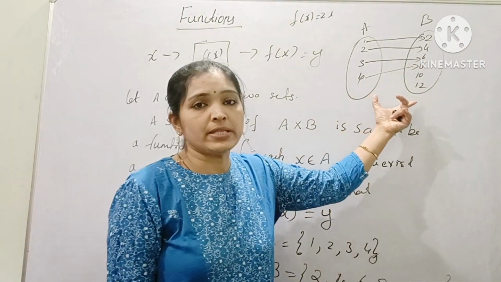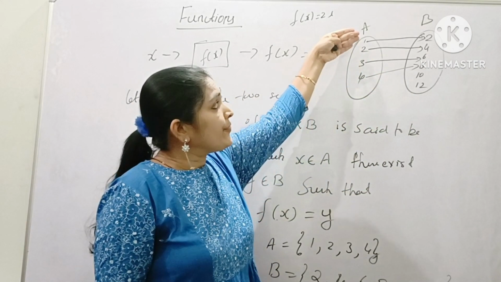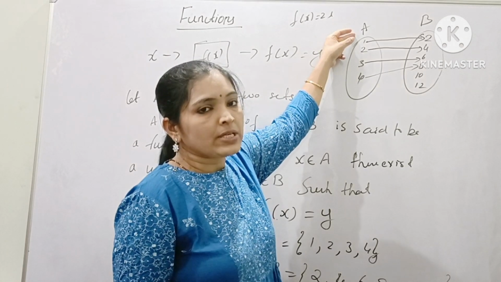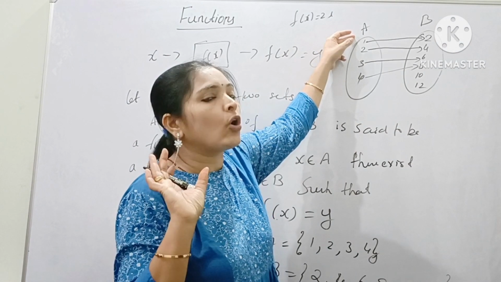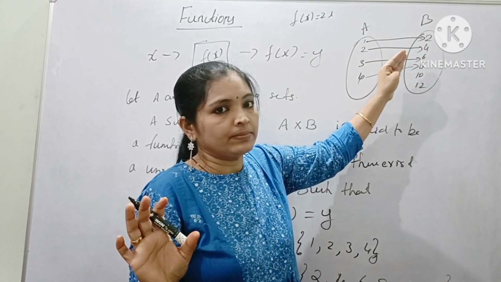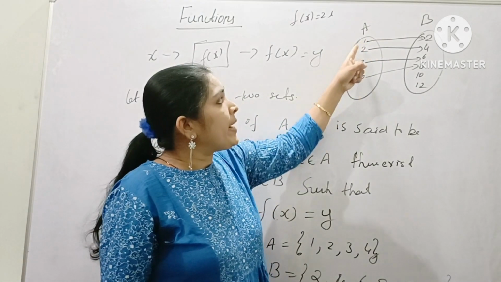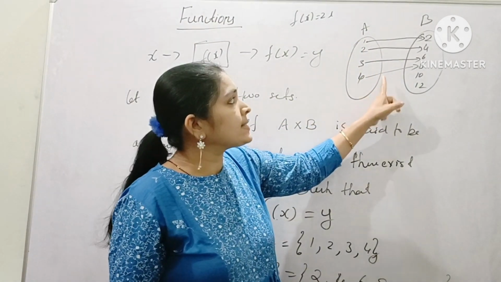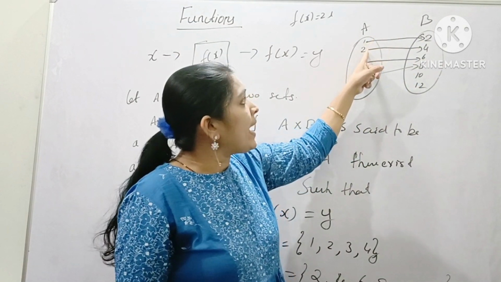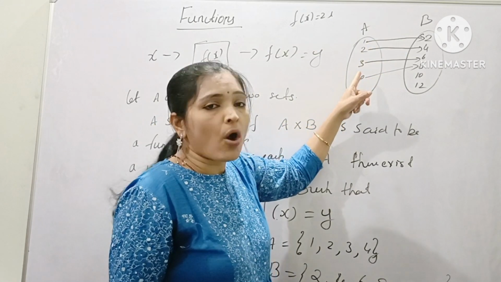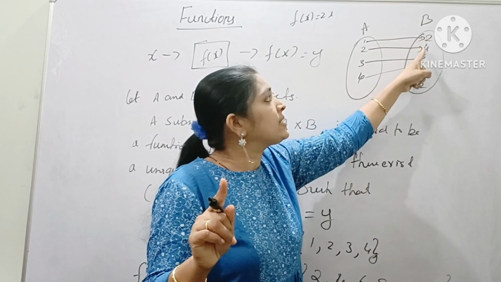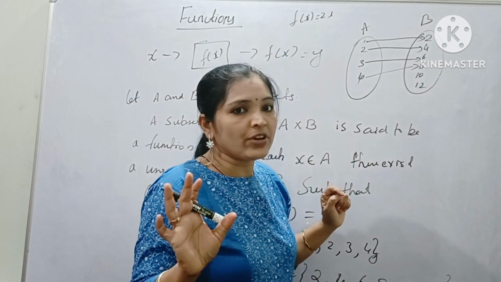Now, how is it a function? Every element of A, that is, the domain, has only one unique image in B. The set of all elements of B is called the codomain. That is the function definition.